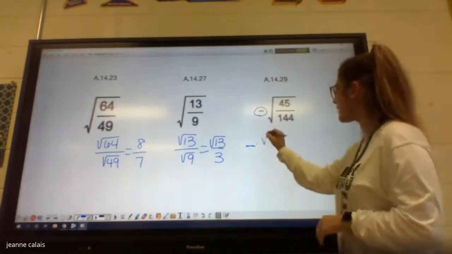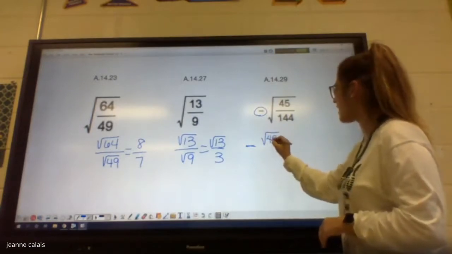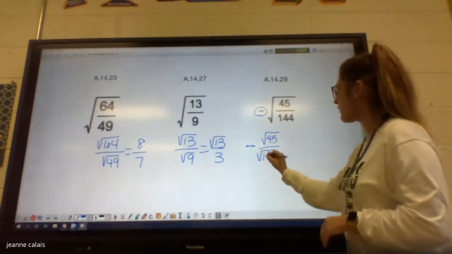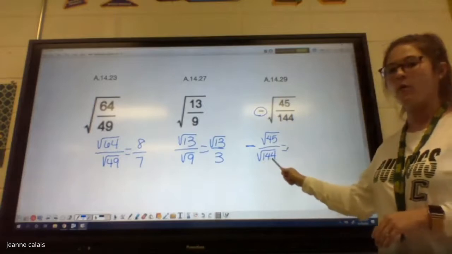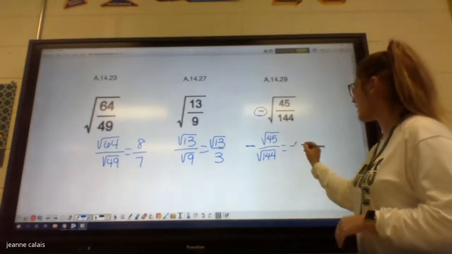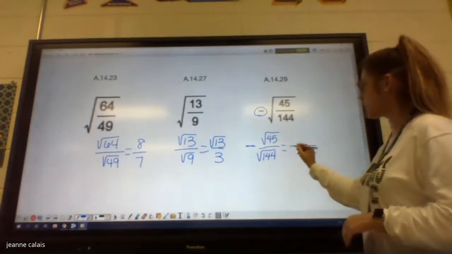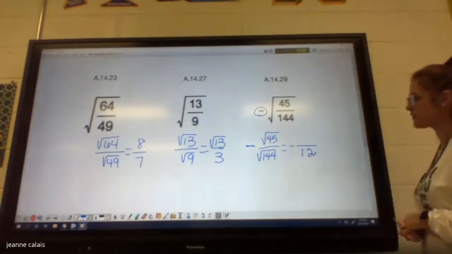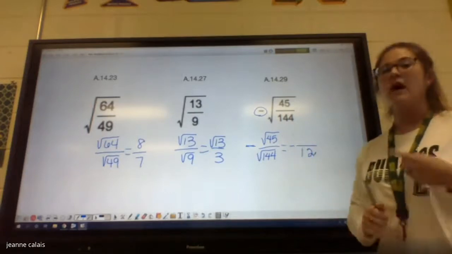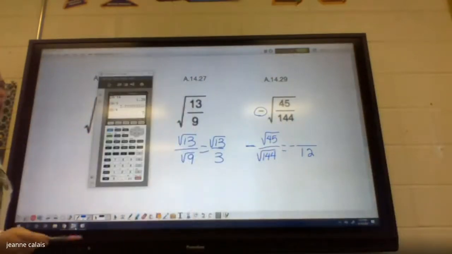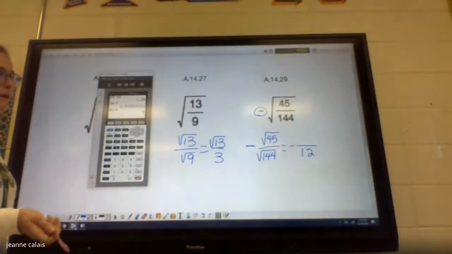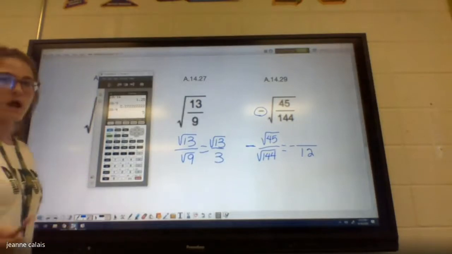All right, so we're going to separate this square root of 45 over the square root of 144. Okay. I'm recognizing that 144 is a perfect square, so I have 12 at the bottom. Notice I brought my negative over. Now 45, I need to simplify that. I don't recognize it as a prime number.